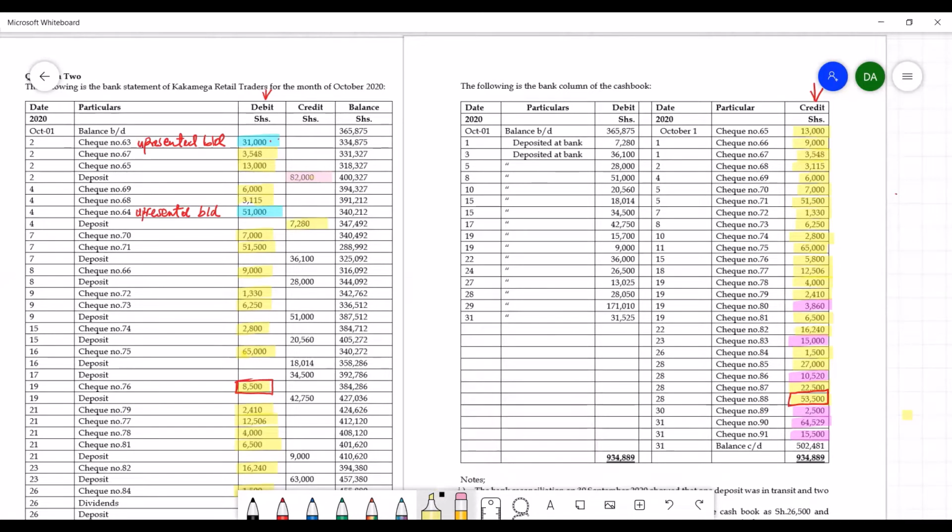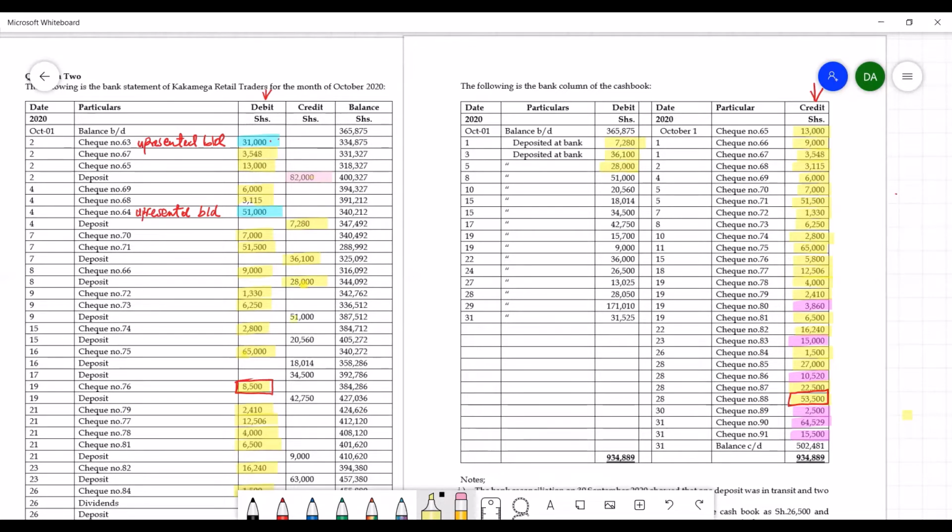We are comparing the amount with the other amount. So that deposit is available in both cases. There's a deposit of 36,100, also available in both cases. There is a deposit of 28,000, also available in both cases.